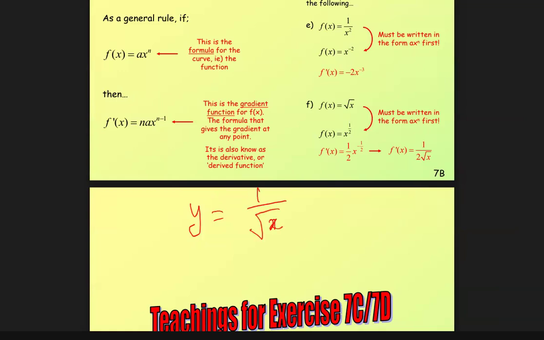So that gives you 1 over x to the power of half. That gives you x to the power of minus 1 over 2. So now you differentiate it, that gives you minus 1 over 2 times x to the power of minus 1 over 2 minus 1. That gives you minus 1 over 2 x to the power of minus 3 over 2. That's it.